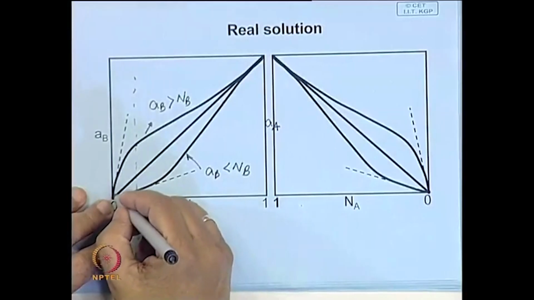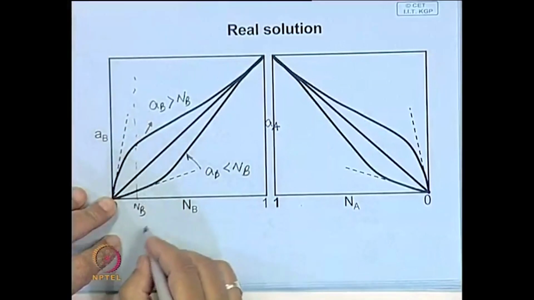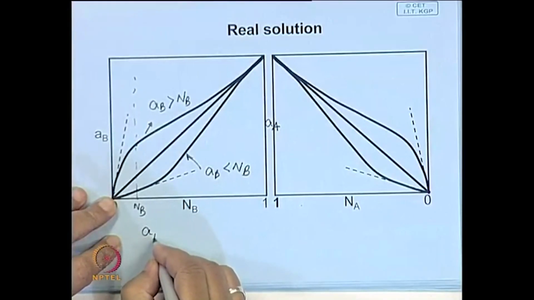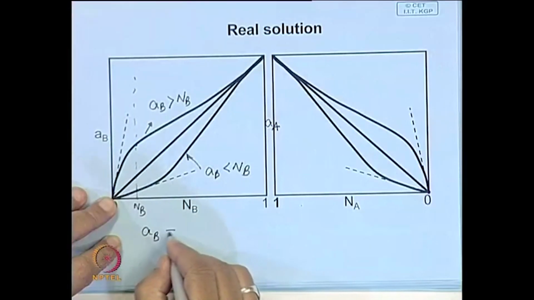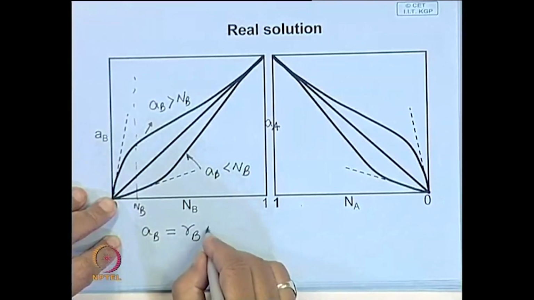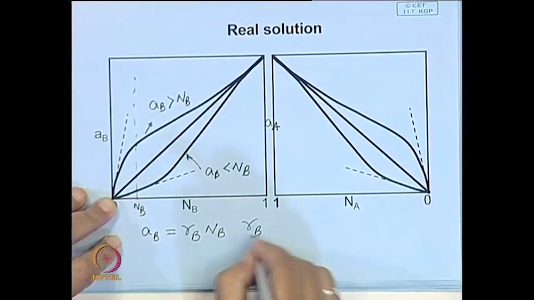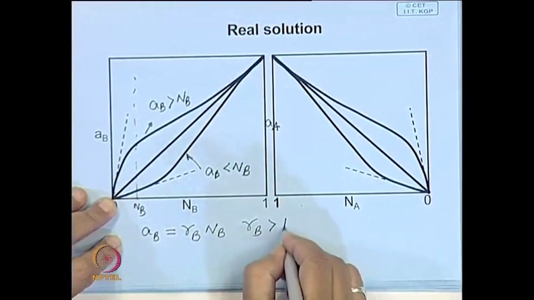One is the approximation at this end, where the activity of B is linearly proportional to N B through an activity coefficient, and here this gamma B is greater than 1.